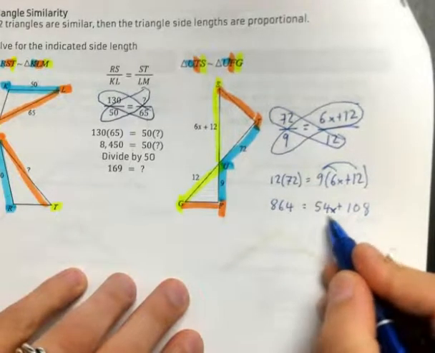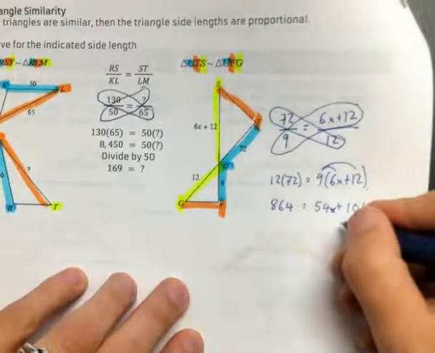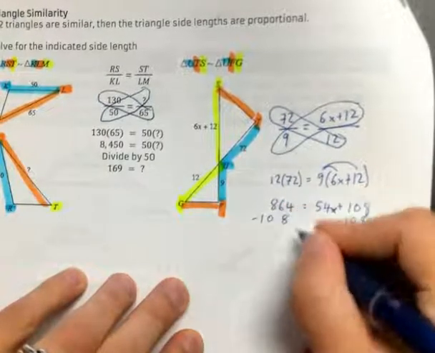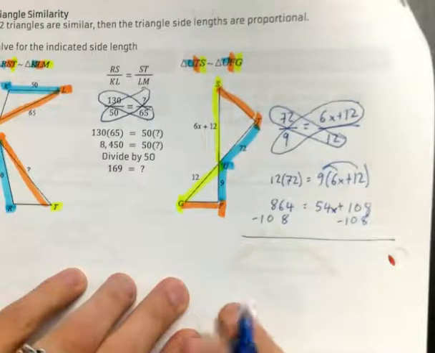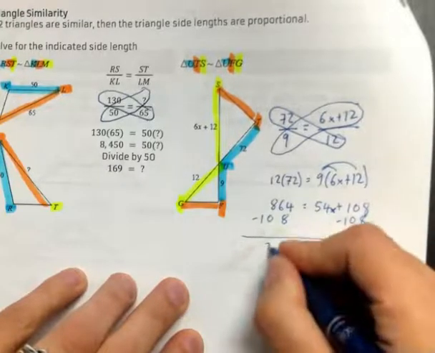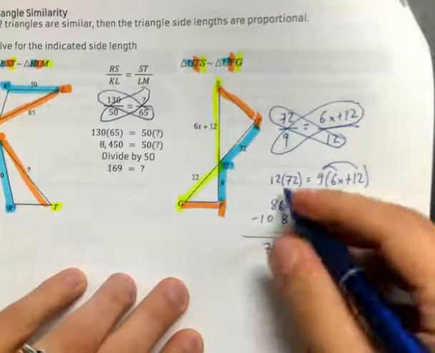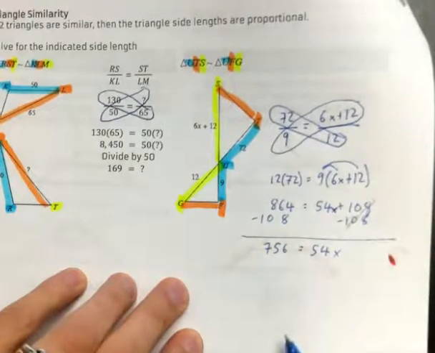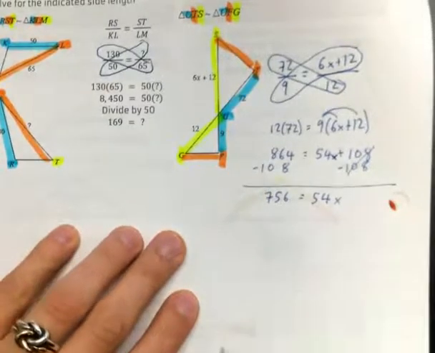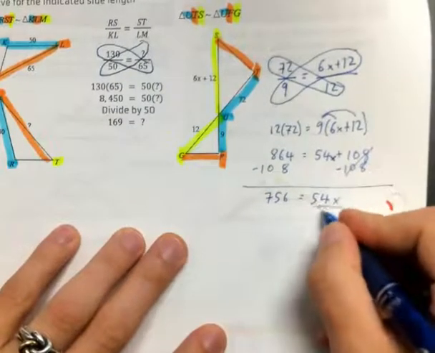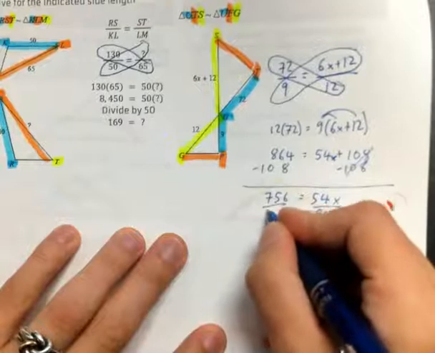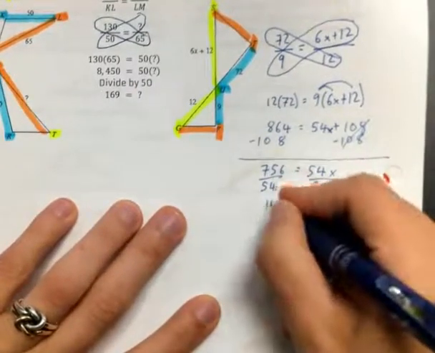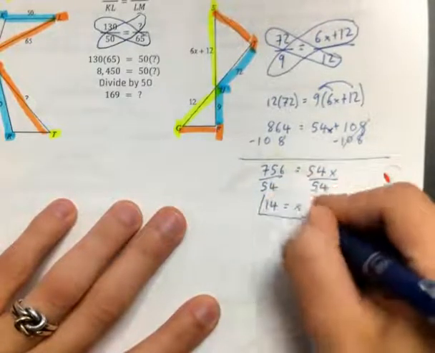Well, there's only x's on this side, so that's the side I'm going to keep for my x's, which means I have to move this number to the other side. Okay. I get 756, when I subtract that, is equal to 54x. That cancels. Okay. Divide by 54 on both sides to get the x by itself. And then we get 14 is equal to x.